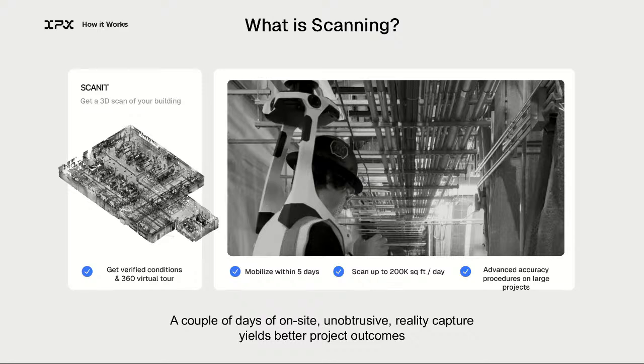In addition, a lot of building owners may not really understand what scanning is and how it works, so we're using very non-technical language: get verified conditions and a 360 virtual tour, mobilize within 5 days. That could be your construction company that owns the scanning device, it could be us, or another laser scanning professional. Scan up to 200,000 square feet a day. In this case we are featuring the Navis VLX, but swap in whatever hardware you're using.